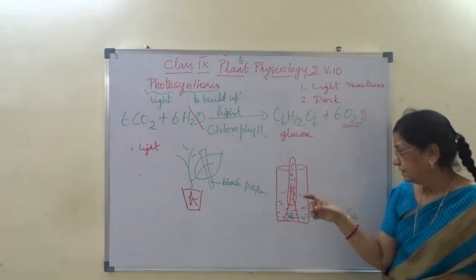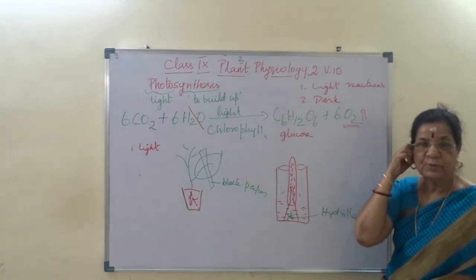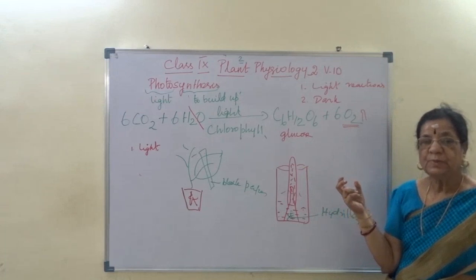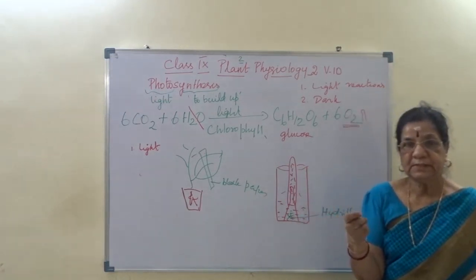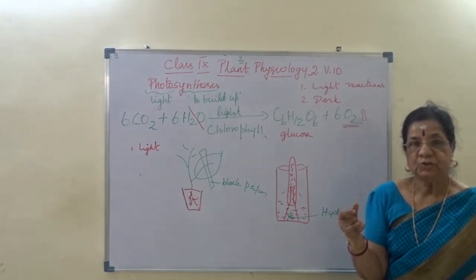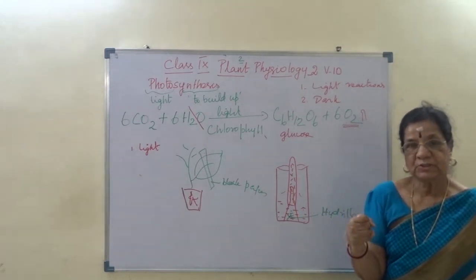We find oxygen bubbles will be collected in the test tube. After 4 or 5 hours, you carefully remove the test tube and test the gas for oxygen by introducing a glowing splinter. It will burn brightly, showing that the gas evolved is oxygen during photosynthesis.